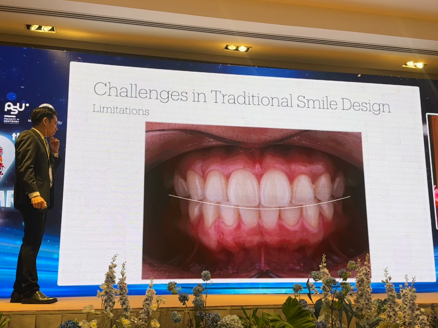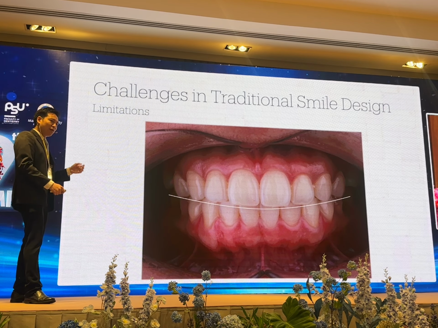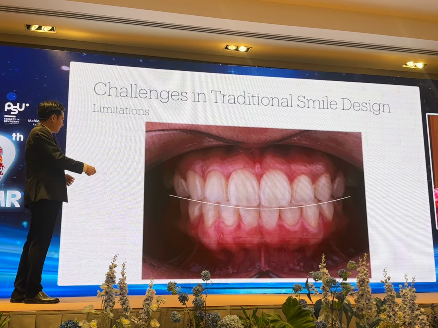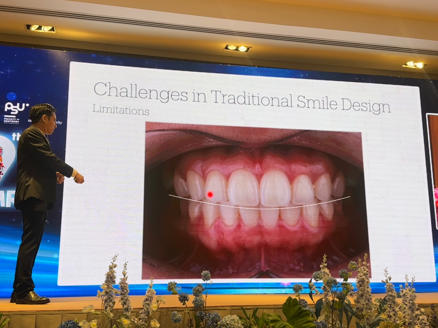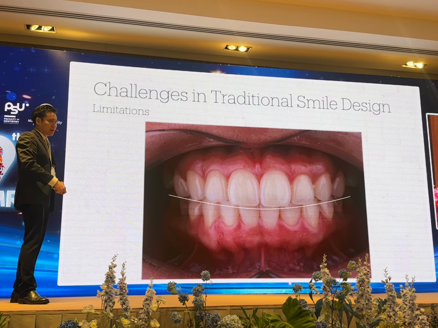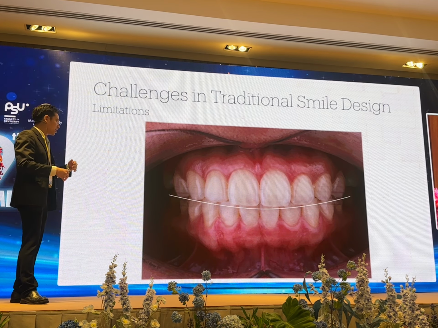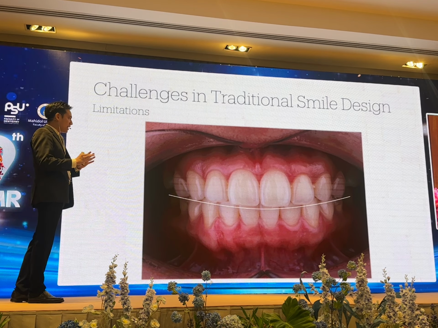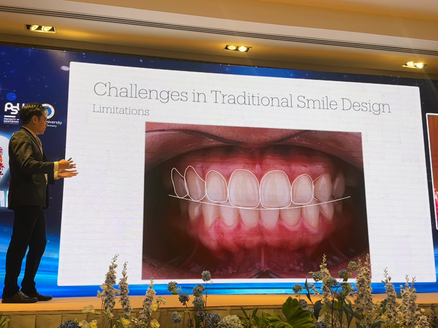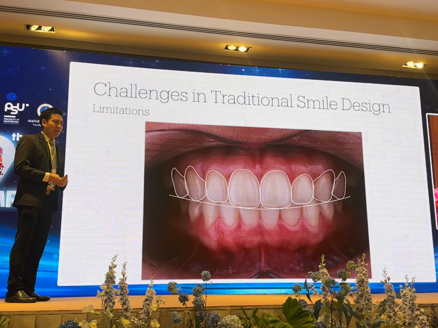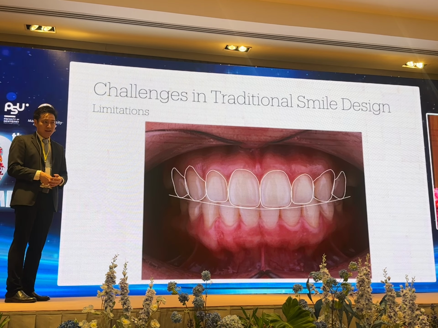The smile line is very close to what we need. It may be just at quadrant 1, the lateral incisor, which is almost edge to edge. You may need to make an overlay, correct the shape, and correct a little bit of the proportion. So we decide according to the information we have and send it to the lab.